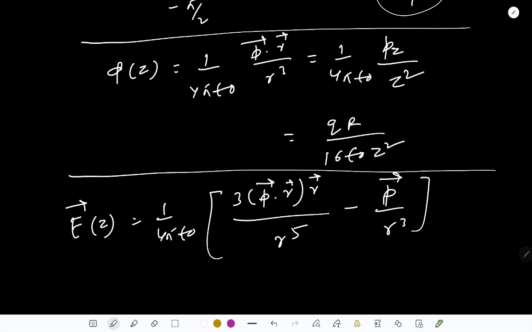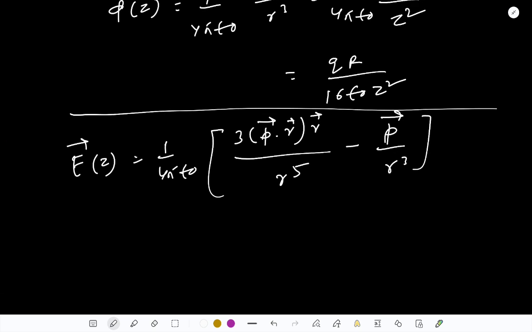This formula was previously derived, and you can use it. The value of p dot r is simply pz. Writing the position vector r here, you will get your result simply as 1 upon 4 pi epsilon naught times 2 p vector divided by z cube.